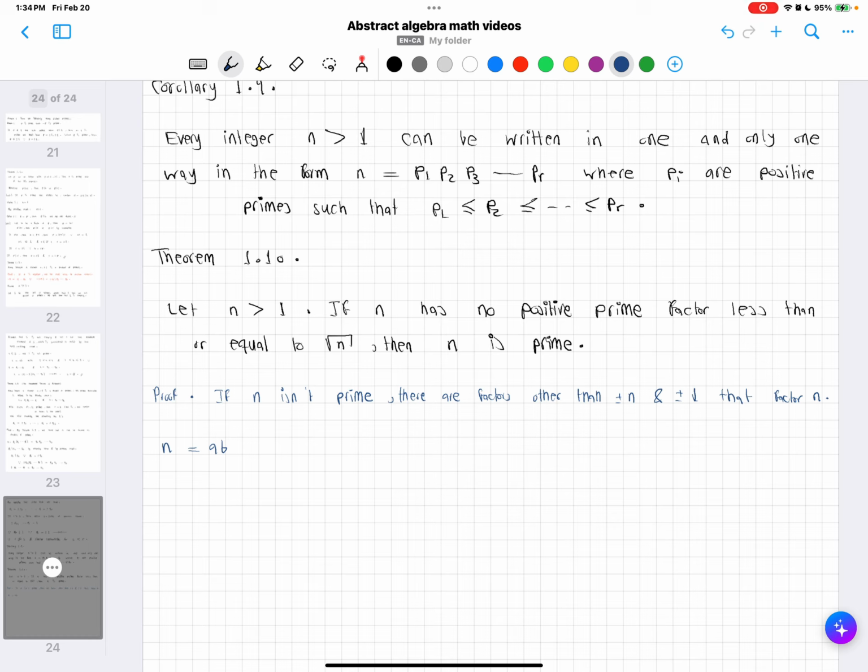You can subdivide a and subdivide b into its prime factors and say that, without loss of generality, you can assume that just a is less than the square root of n.